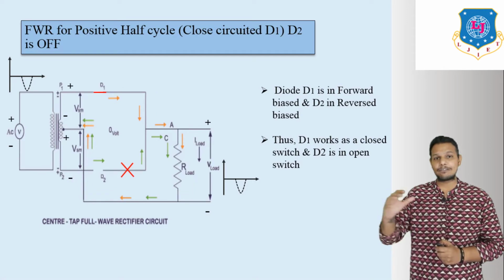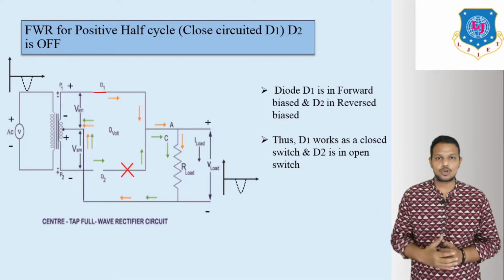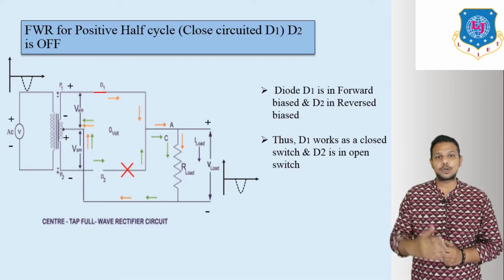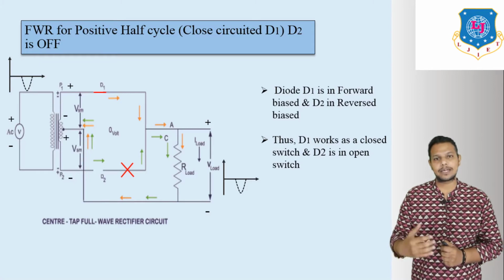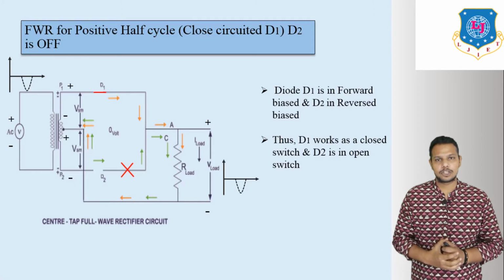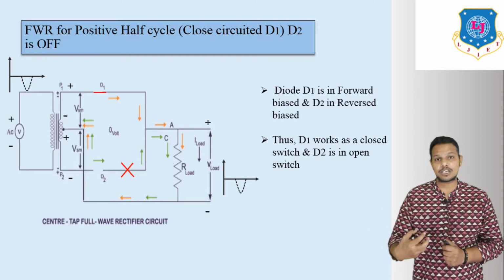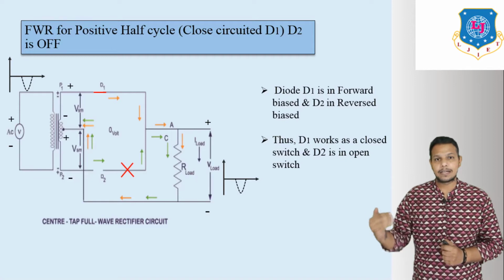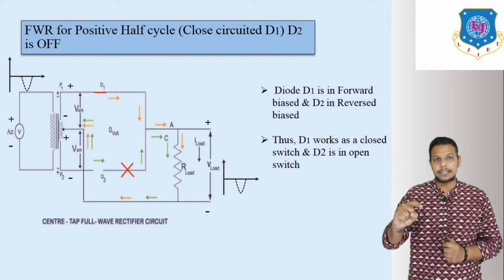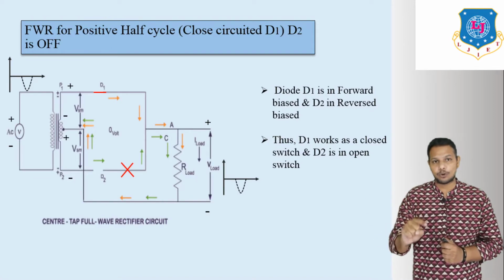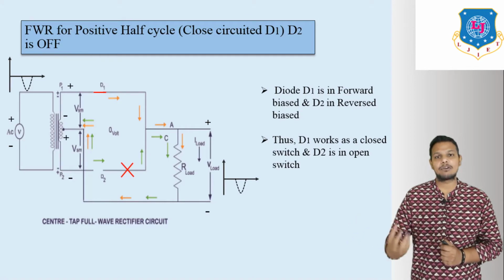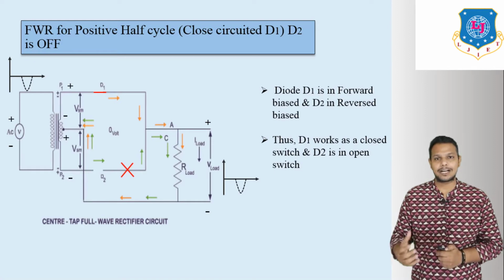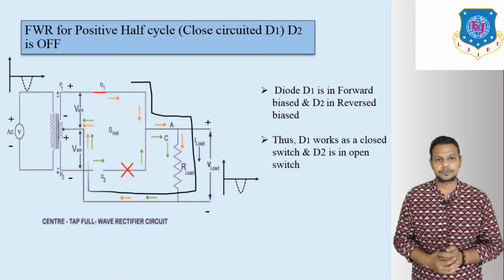So D1 is working in closed loop and D2 is open circuited, which means D2 is in reverse bias. Why does it become reverse bias? Because the current flows from positive to negative, and in between, the current flows opposite to the D2 diode, so it works in reverse bias. So the current direction is like this.